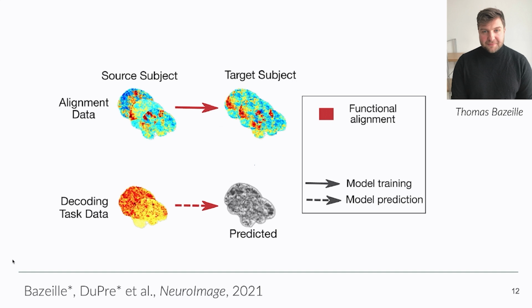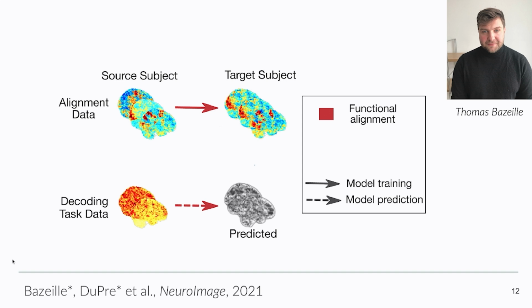So to do this with Thomas Bazet, we decided on a framework by which we would benchmark these different functional alignment methods to see how well they recovered individual variability in functional topography. You can see a schematized representation of the framework here. We have some primarily naturalistic alignment data in which we learn a series of functional alignment transformations.